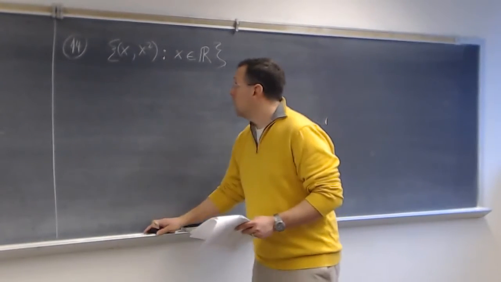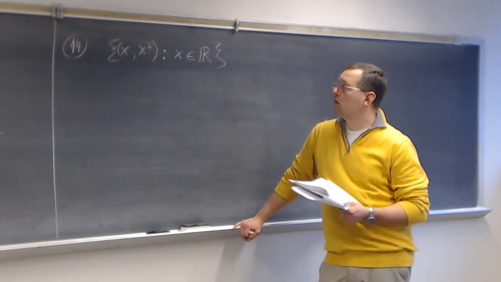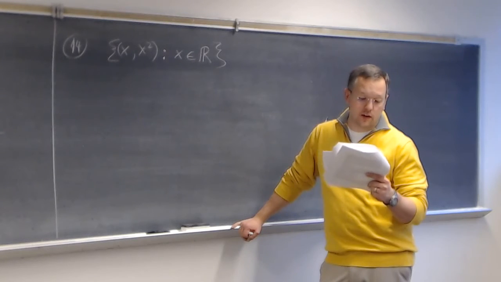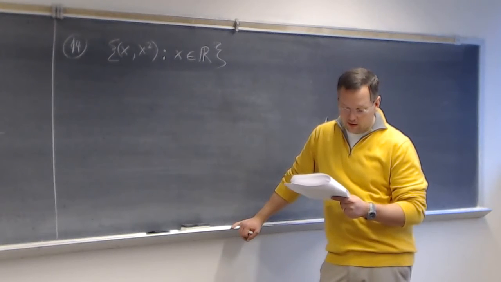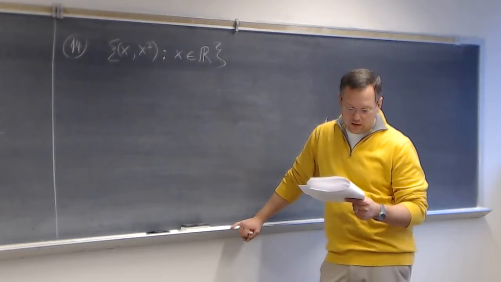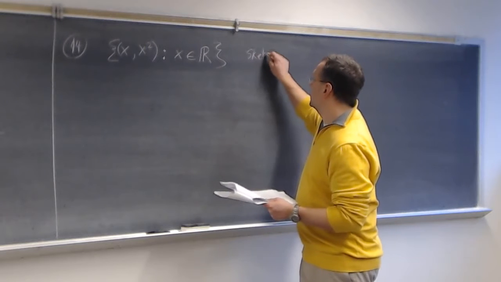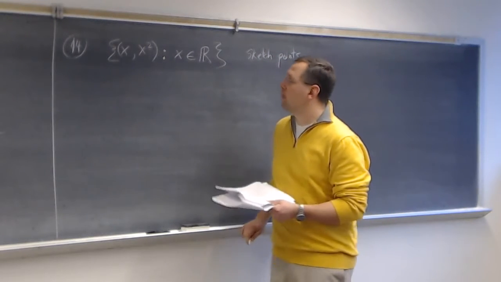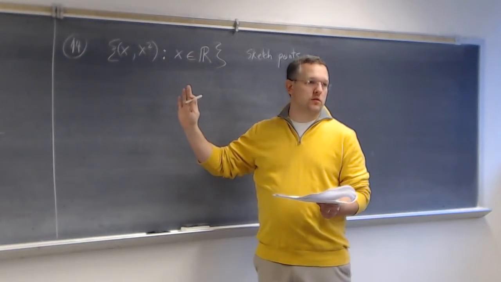Is it obvious what this set is? Sorry, I need to tell you the directions. The directions say sketch the following sets of points in the xy plane. So sketch the points. x will range over all possible real numbers.